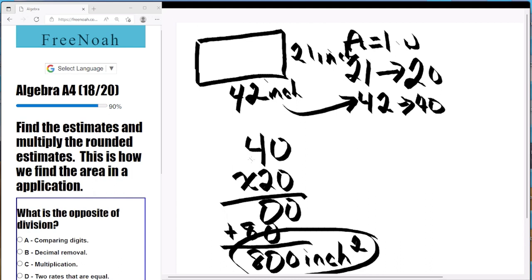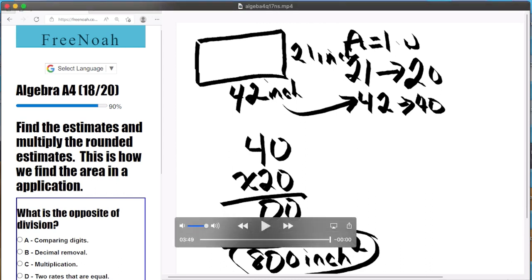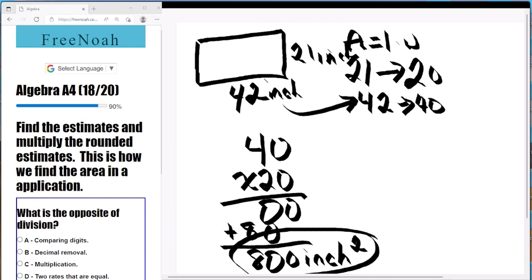Notice how we rounded to make estimates. And that's how we find area in an application. It adds an additional procedure compared to just straight doing area, length times width.